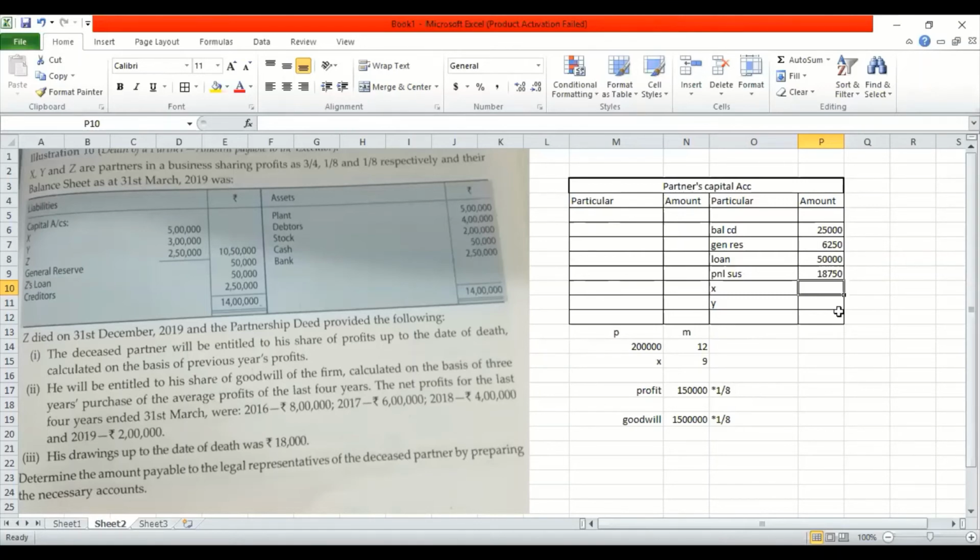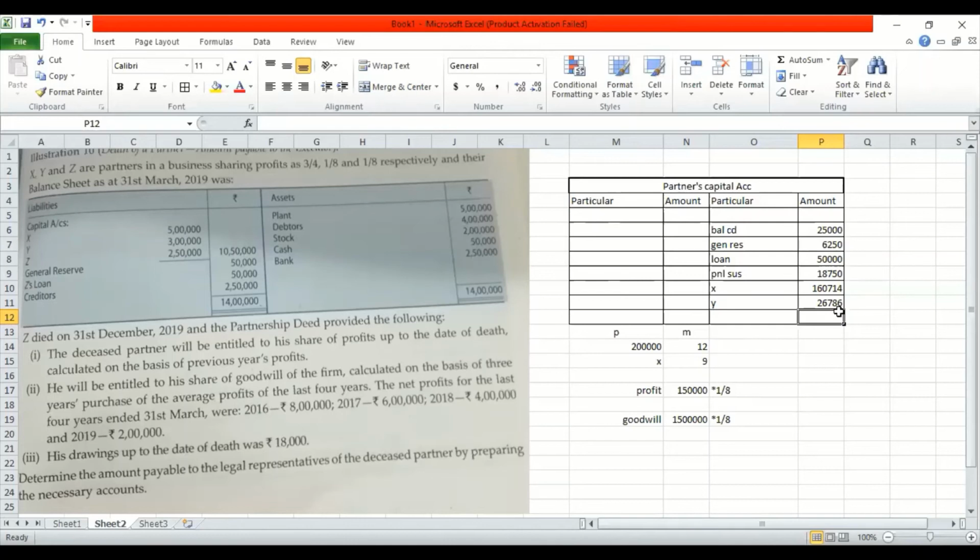All right, so the old ratio is 3/4 and 1/8. Accordingly, if you multiply, you will understand the answer for this one. So you can get the figures as 160,714 and 26,786. So we completed the goodwill part, P&L suspense, general reserve, loan and balance.